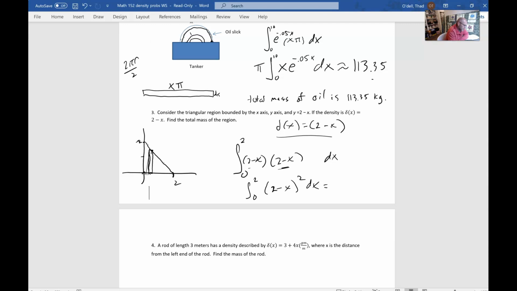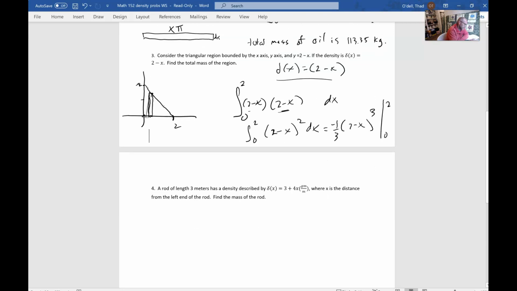which would be what? 2 minus x to the cubed, and we'd have to put a negative 1/3 out here because that chain rule is going to kick out a negative 1. We're going to integrate that from 0 to 2. So that would be negative 1/3 times, if I put a 2 in there, that'd be 0.